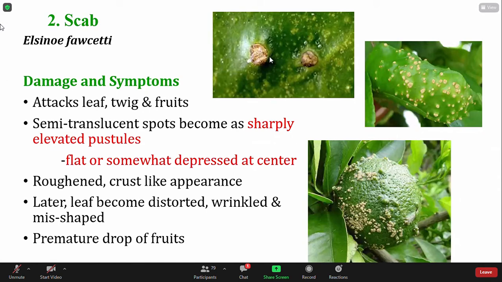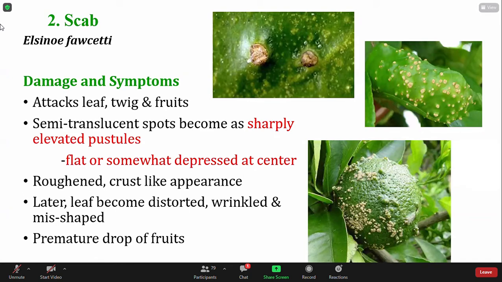You will be confused between scab and the next disease, canker. So have a better understanding. And the pustules are flat or somewhat depressed at the center. You see here, the roughened crust is around the depressed center. Can you observe here?